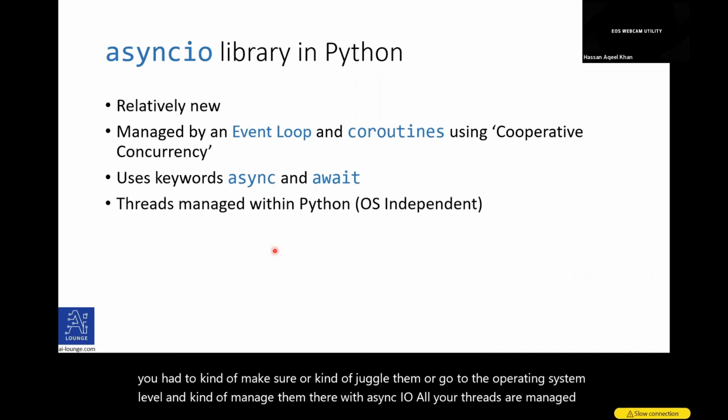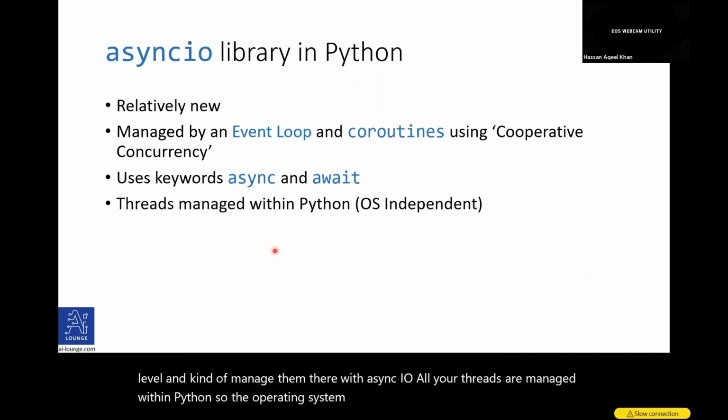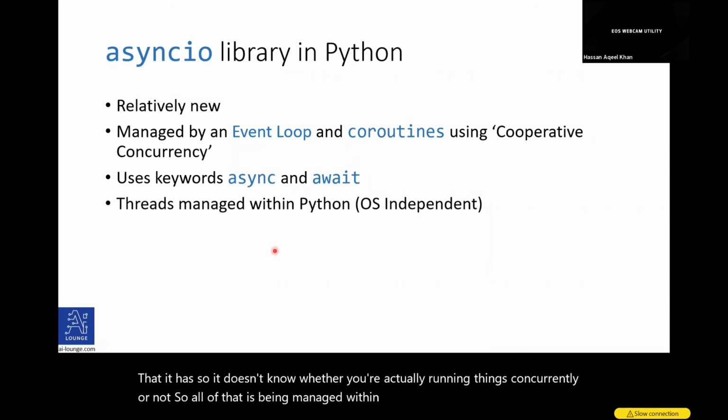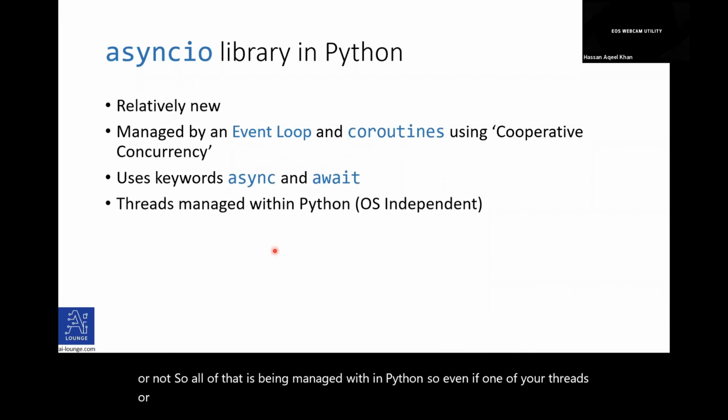So the operating system still sees that single GIL type of program, and it doesn't know whether you're actually running things concurrently or not. All of that is managed within Python, so even if one of your threads or coroutines gets stuck, the only thing impacted is Python.